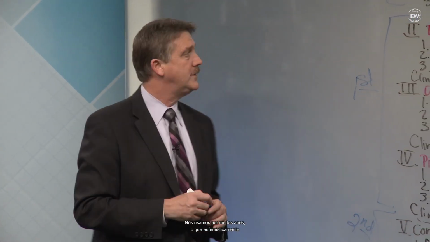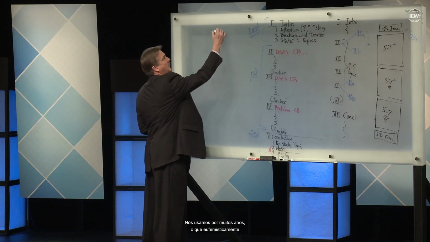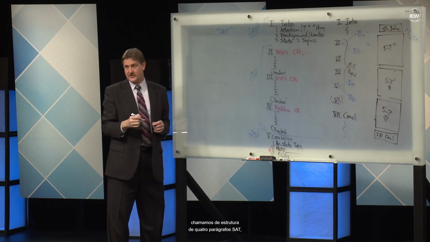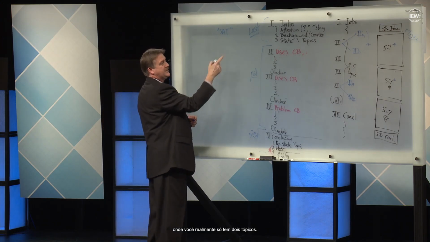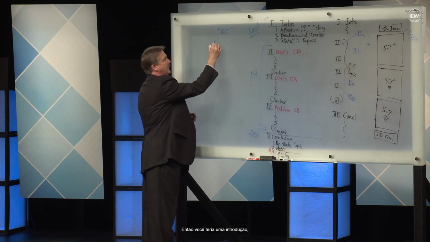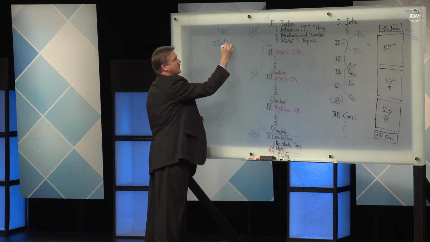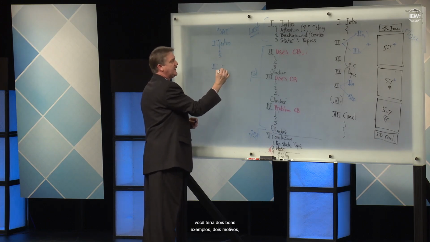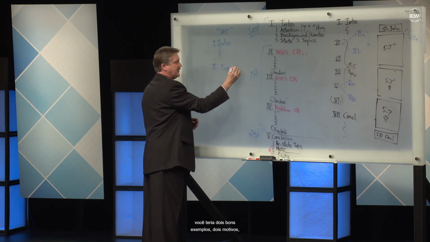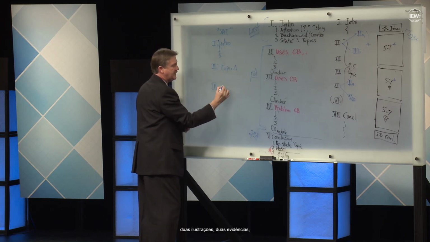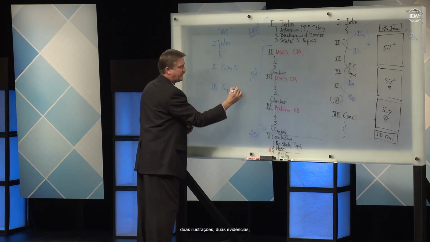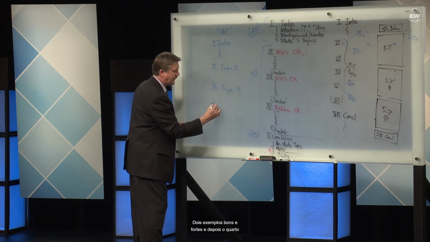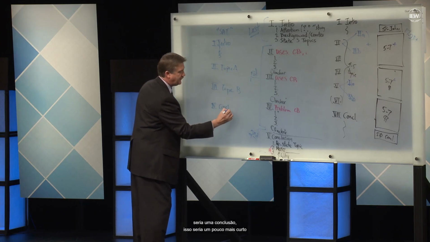So we used for many years what we euphemistically called the SAT 4-paragraph structure, where you actually just have 2 topics. So you have an introduction, you'd have 2 good examples, 2 reasons, 2 illustrations, 2 evidences, whatever you're trying to do, 2 good, strong examples, and then the 4th would be a conclusion.